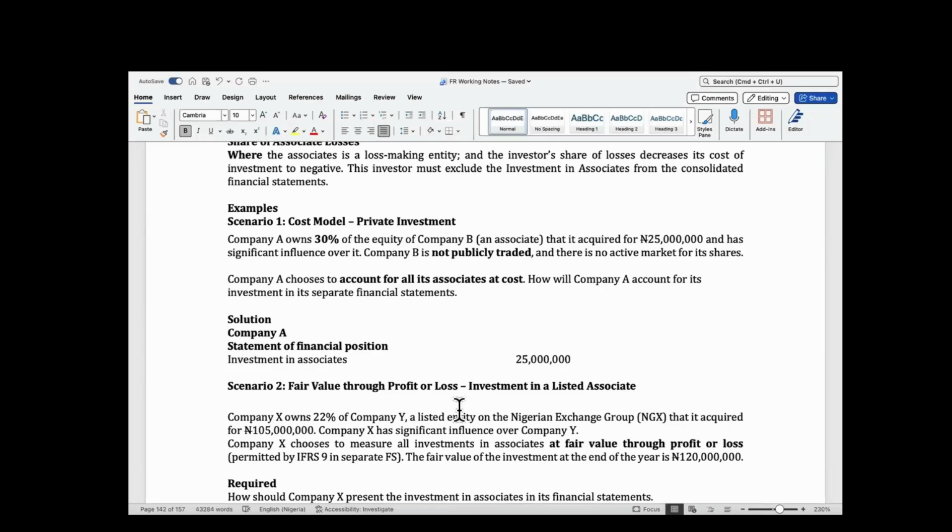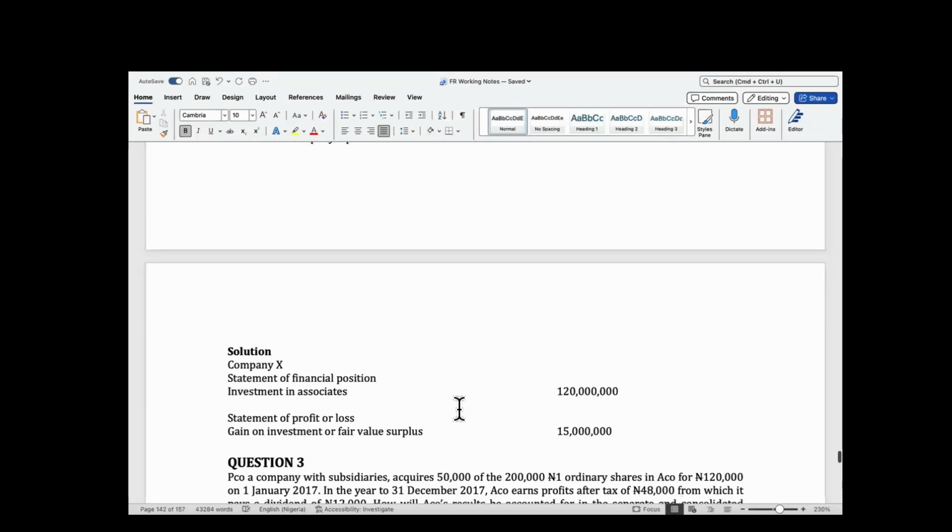Therefore, in the consolidated statement of financial position, the parent will recognize the investment in associate at carrying amount.